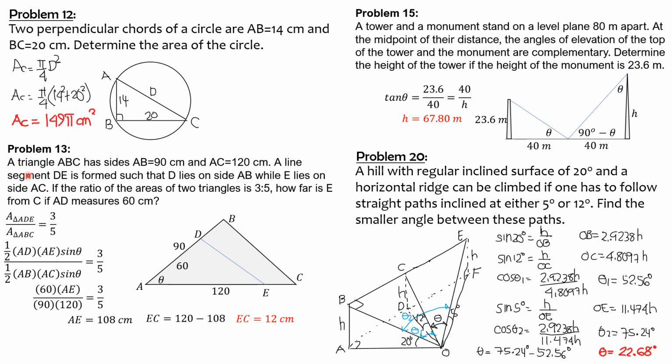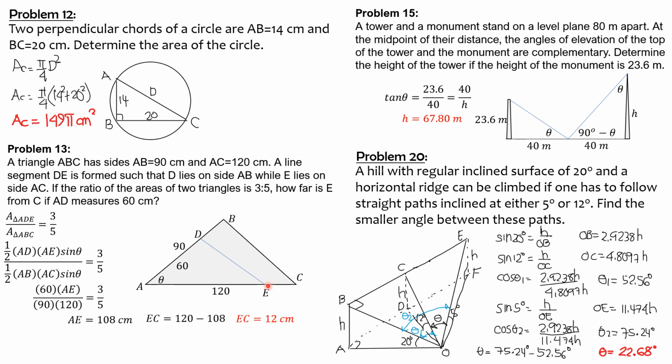And problem 13, a triangle ABC has sides AB, 90 cm, and AC, A to C, that's 120 cm. A line segment DE is formed such that D lies on AB, so this is D, and E lies on AC, so this is E. If the ratio of the areas of the two triangles is 3:5, how far is point E from C?